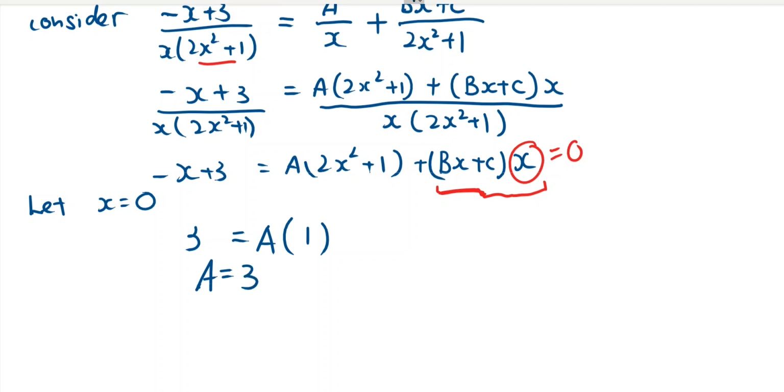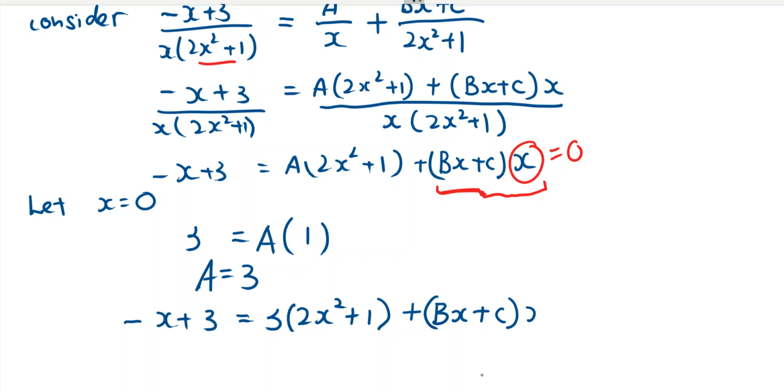Once you have your a equal to 3, you need to compare to get your b and c, because there's no other values I can put in to eliminate them anymore. So now I write it back. Minus x plus 3 is equal to 3 bracket 2x squared plus 1, then plus bx plus c bracket x.